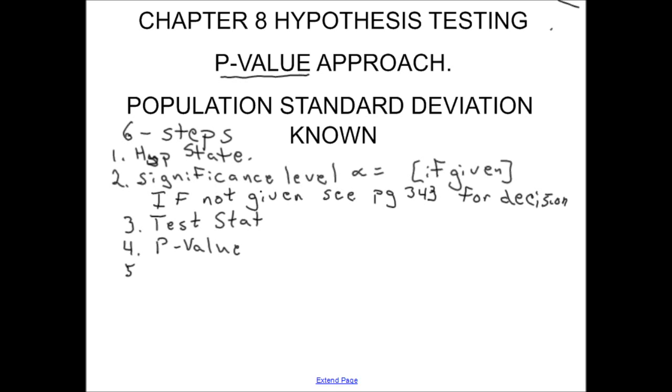Fifth step is to reject or do not reject h sub 0, just like it was in the critical value approach. And both of these two things we'll talk about in just a little bit. And then step 6 is once again your summary. So those are our 6 steps for a p-value approach.